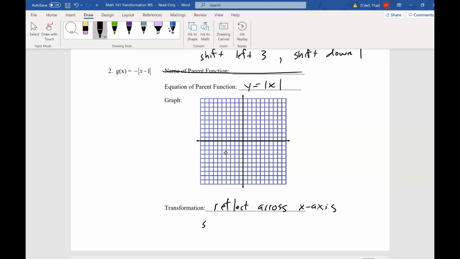So it's going to shift right 1. If we were to draw that, I'm going to move everything to the right 1, which means the vertex moves to the right 1. And then it's a normal absolute value graph, except it's upside down. So I'm just going to draw an upside down absolute value graph. There we go.